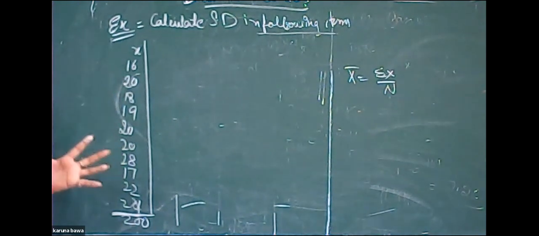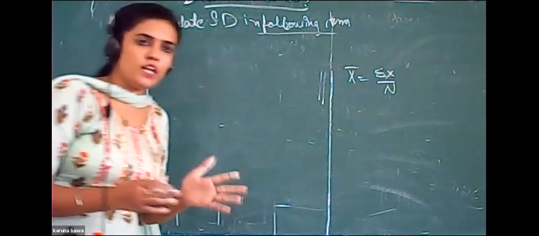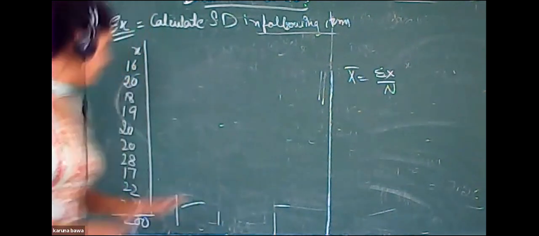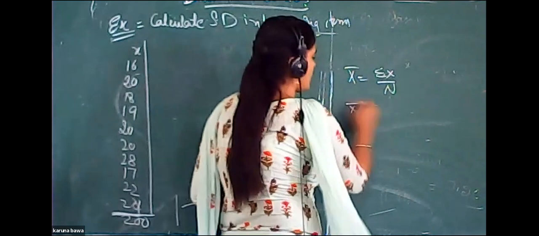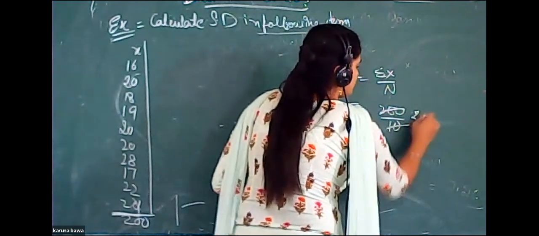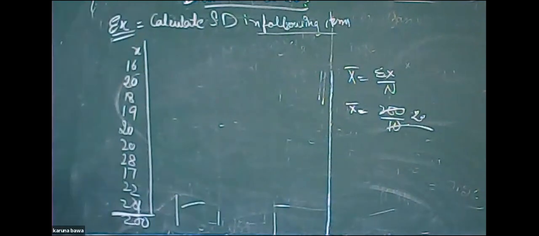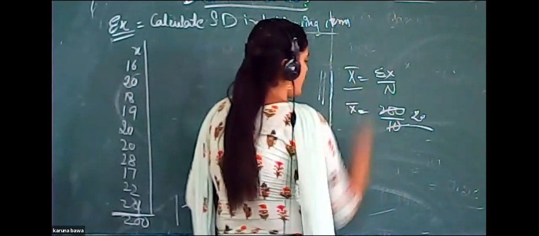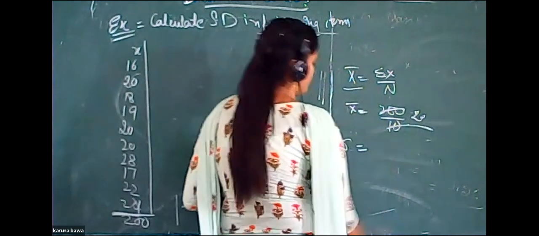So mean is equal to 200 divided by 10. The answer is mean 20. First we find the mean value, and after that the standard deviation.